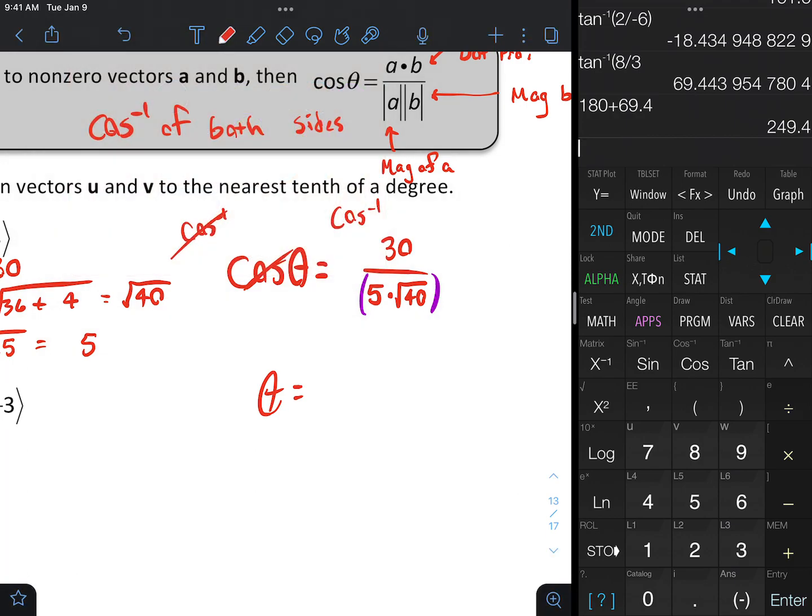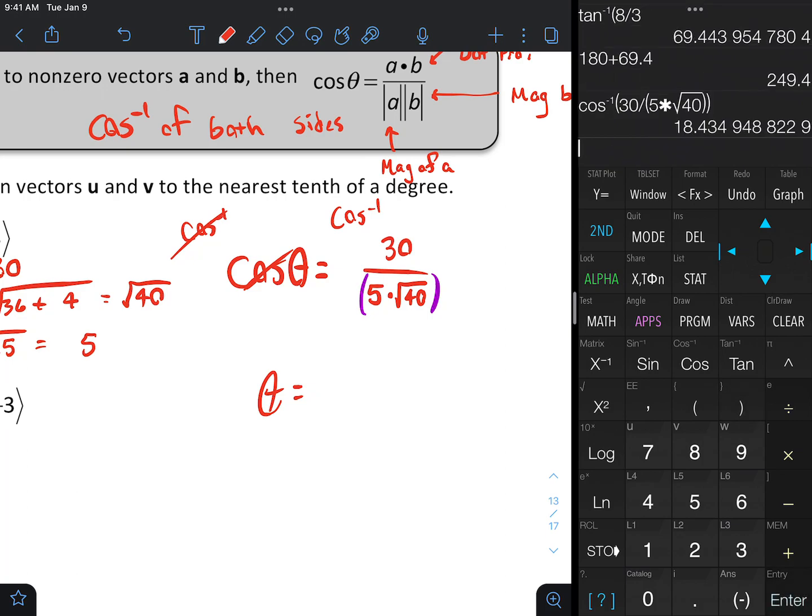I'll hit second cosine for cosine inverse. You'll do 30 divided by, add an extra set of parentheses, and then 5 times the square root of 40. Make sure you get out from underneath your radical, close parentheses, close parentheses. If you type that in correctly, you should have gotten 18.4 degrees.